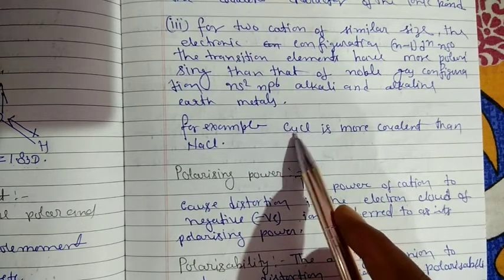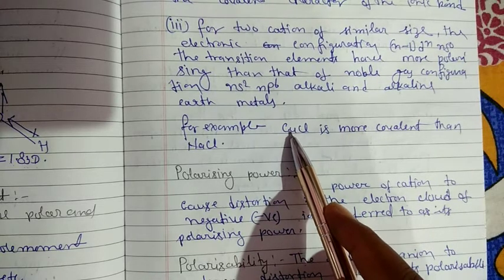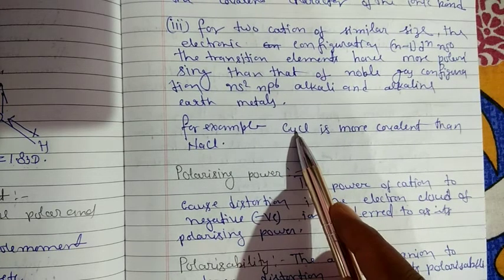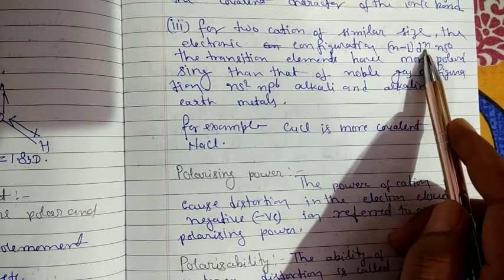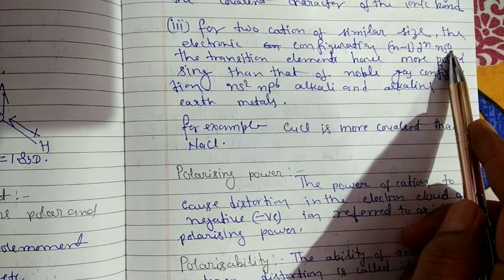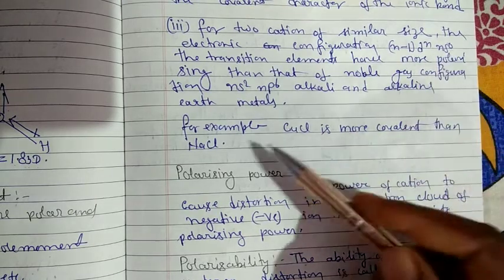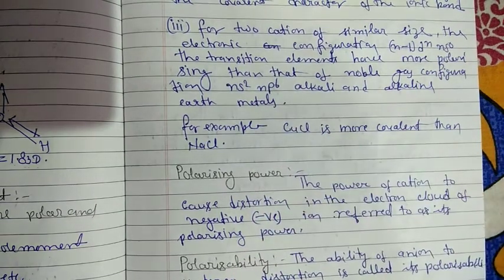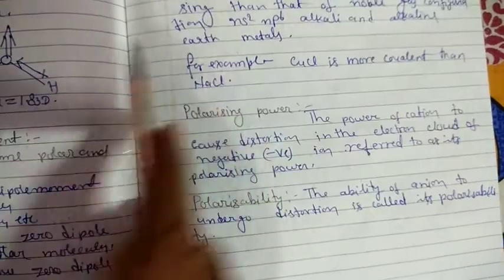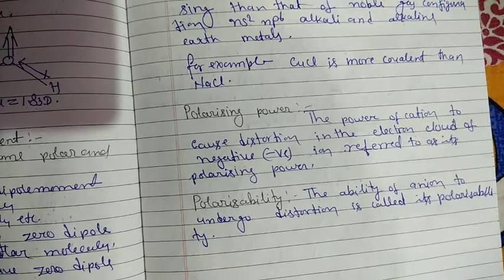So copper has more polarizing power. Why? Because it has the (n-1)d^n ns^0 electronic configuration, unlike the stable electronic configuration of noble gas ns2 np6. This is the third Fajans' rule.